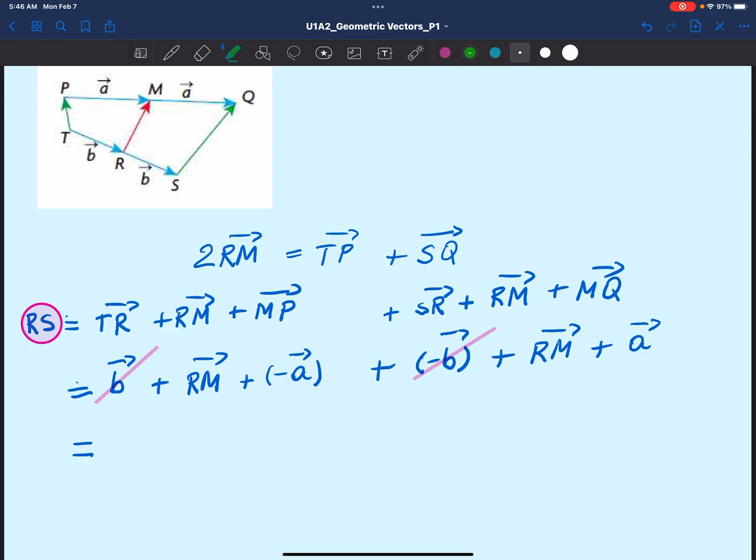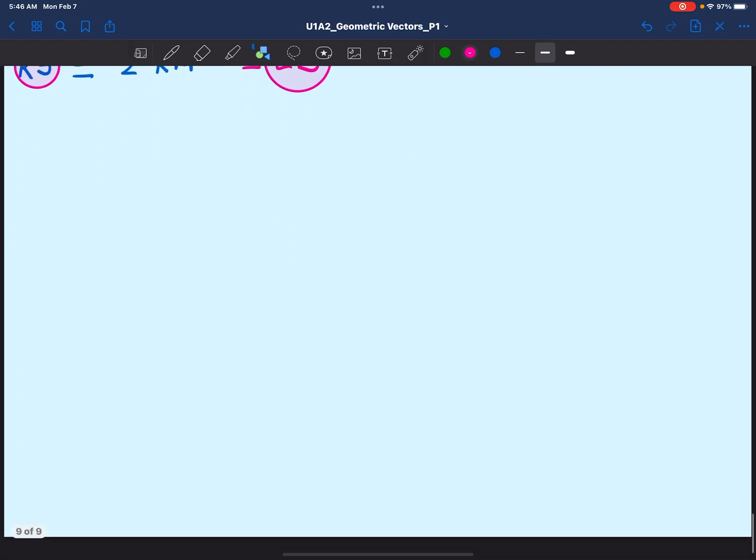And we also have vectors negative A and positive A which add to 0. So we are left with two vectors RM, or 2RM. So the right side has simplified to become 2RM, which equals the left side. So with this we have proved the statement as required.